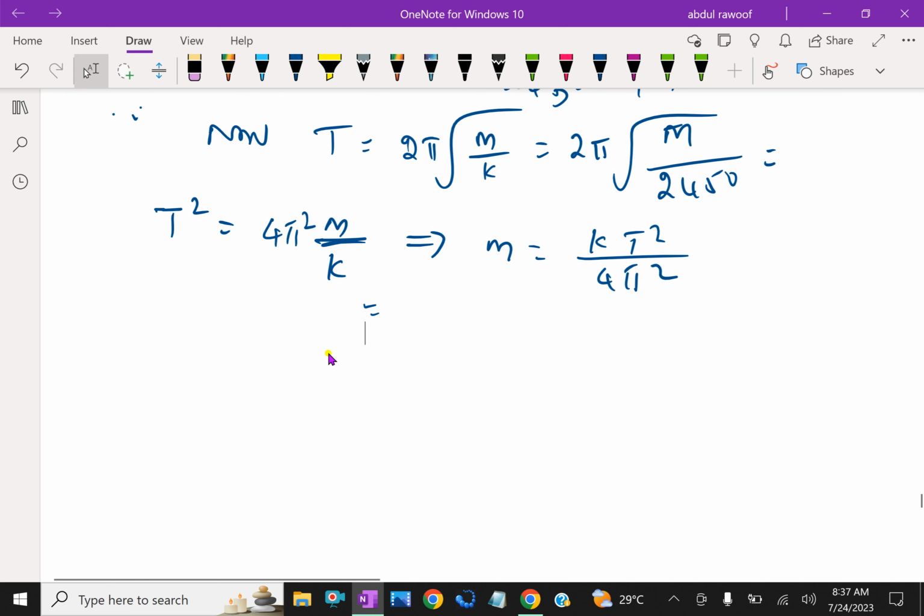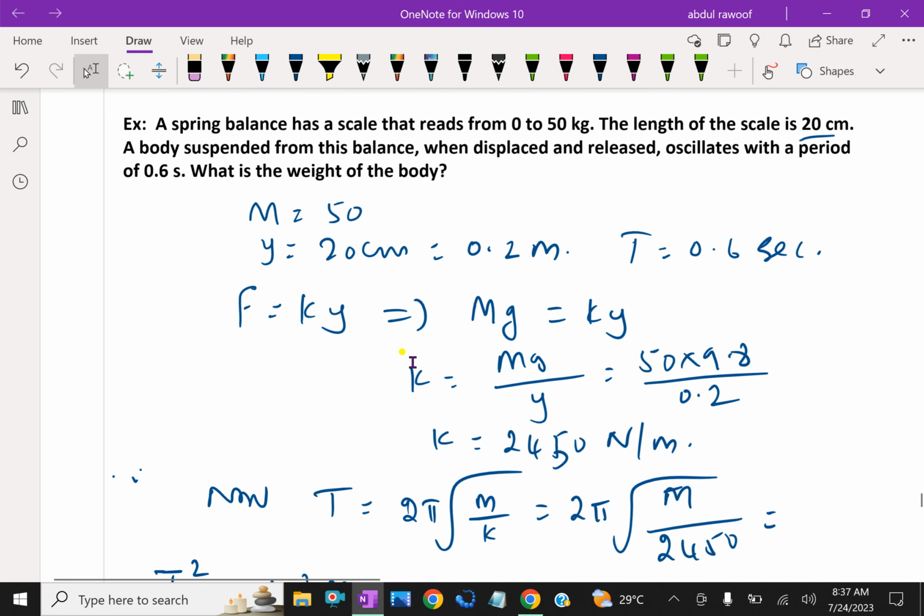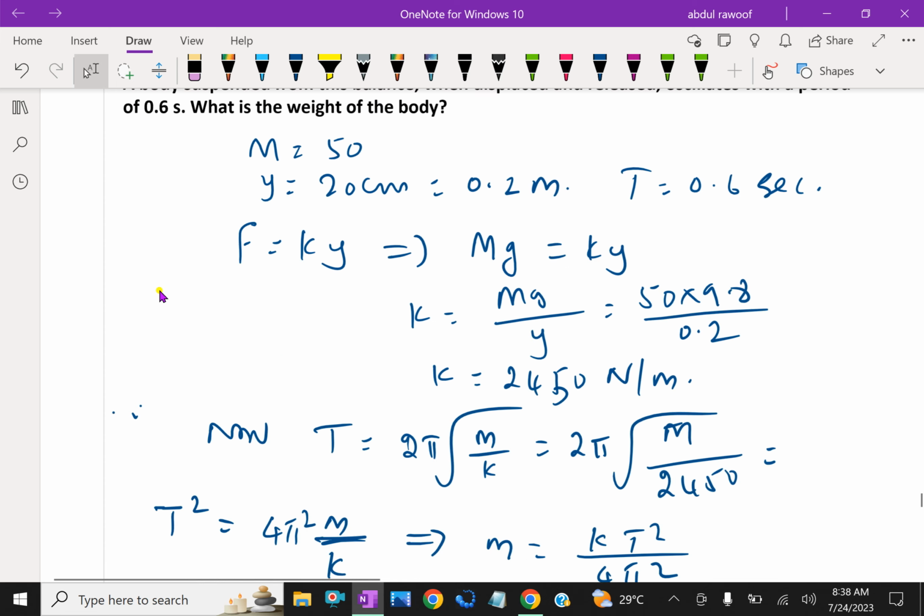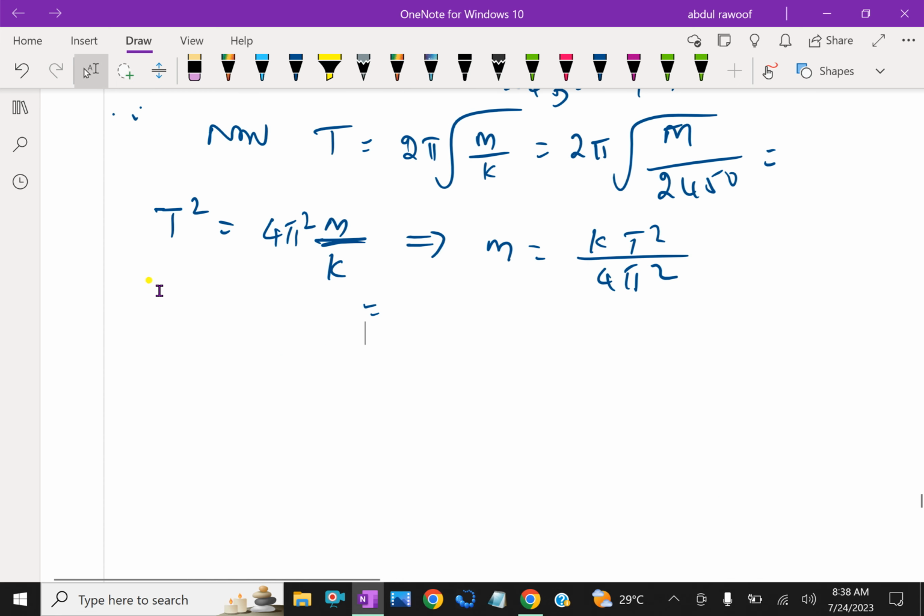K equal to 2450, and the time period is given 0.6.